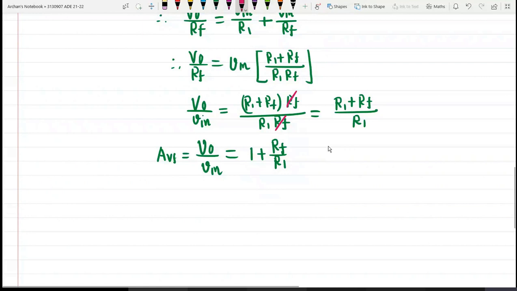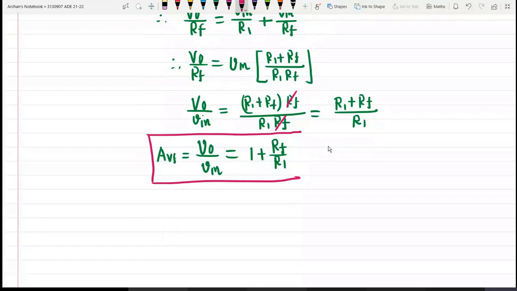So now my closed loop gain in case of non-inverting amplifier is 1 plus RF by R1. And the magnitude of output voltage V0 is equal to (1 + RF/R1) into Vin. So with the help of this amplifier circuit, we will be able to amplify the signal 1 plus RF by R1 times.